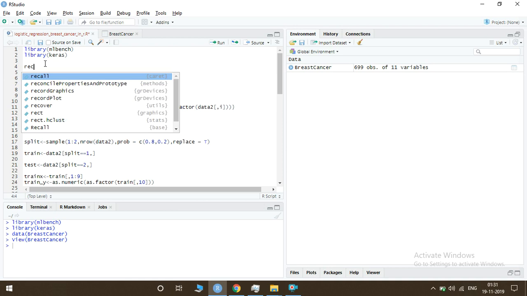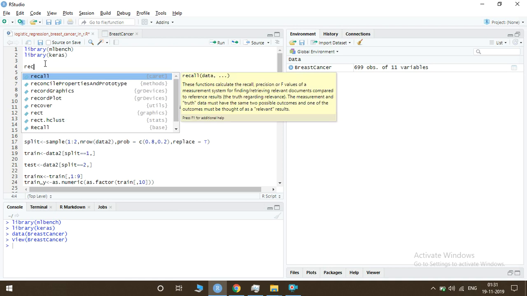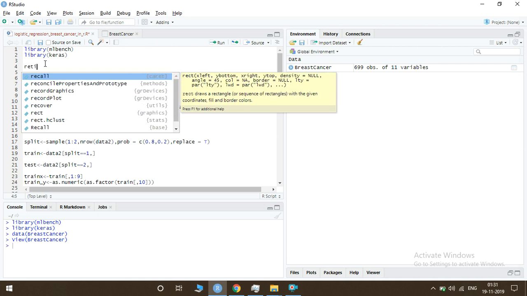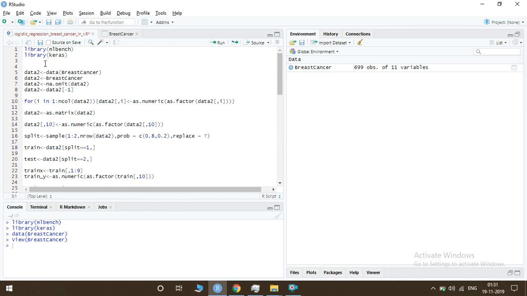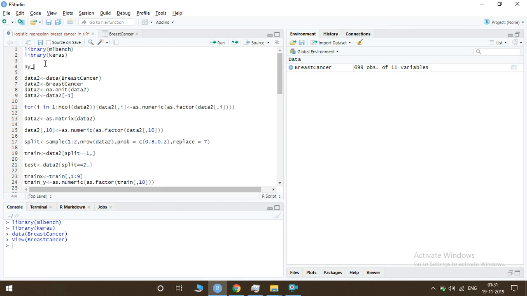To see the details or the installation of the Keras package, you can just type the reticulate package, or simply py_config. All right, so it would give us the Python configuration, which is the courtesy of the reticulate package.